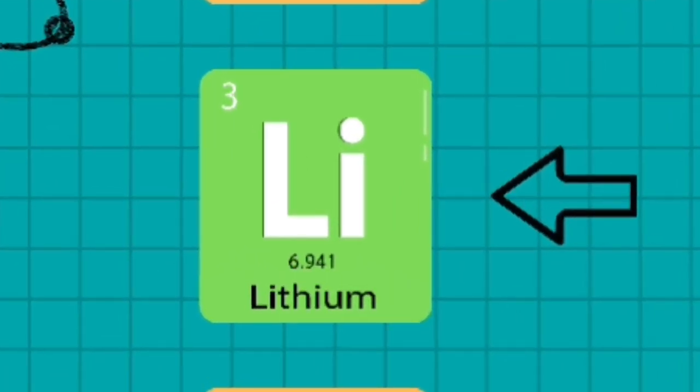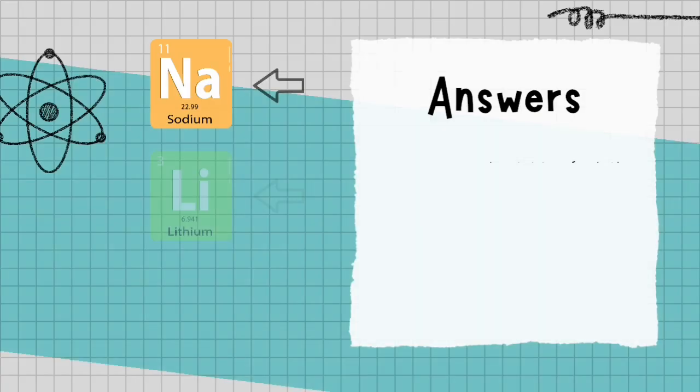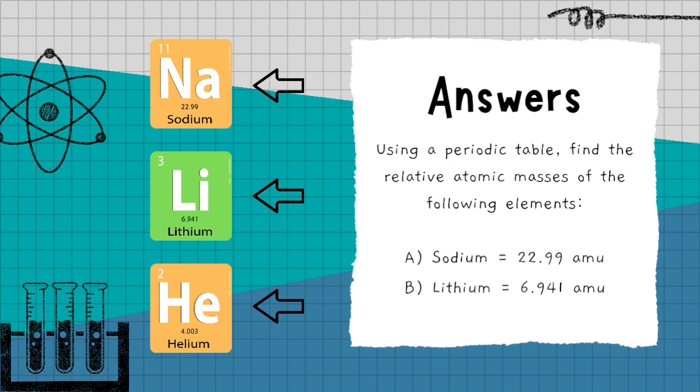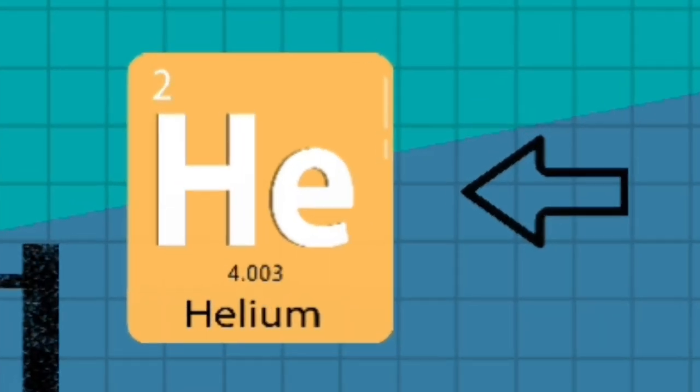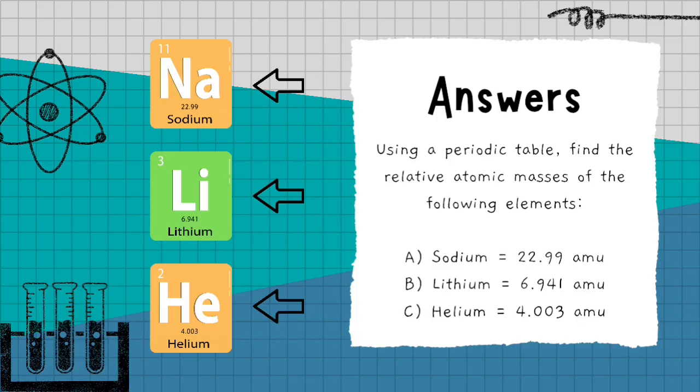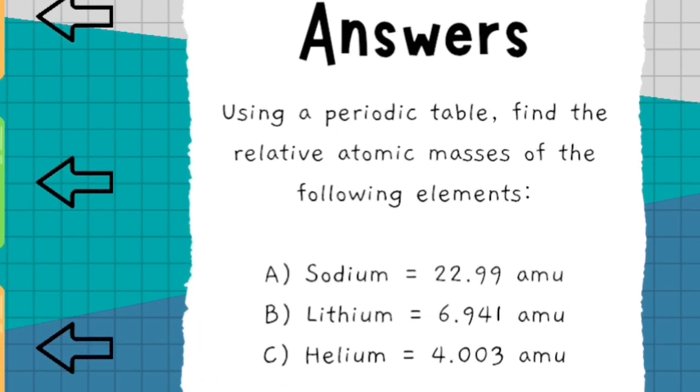How about lithium? It is 6.941 AMU. How about helium? It is 4.003 atomic mass units or 4 atomic mass units.